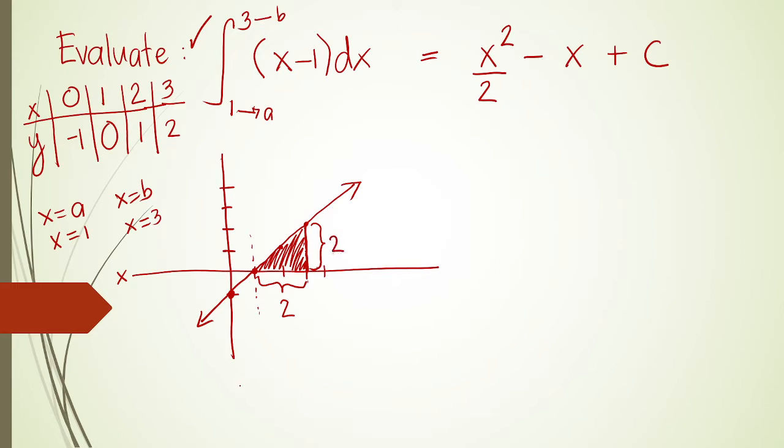The formula is one half base times height, the formula for the area of a triangle. So I have one half of the base, which is 2, and the height, which is 2. What's the area? The area is 2.